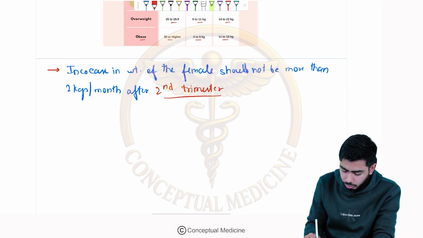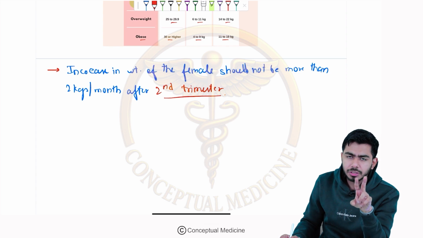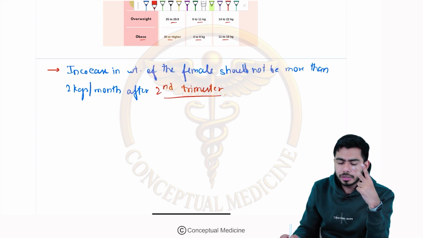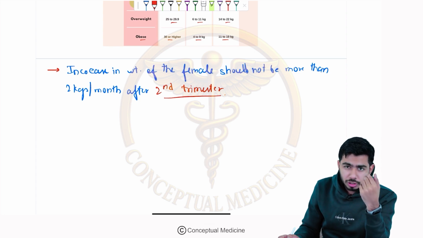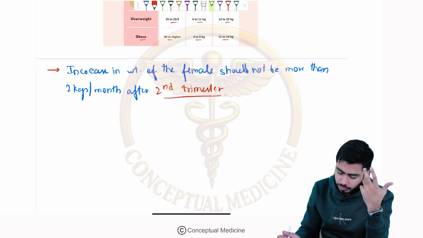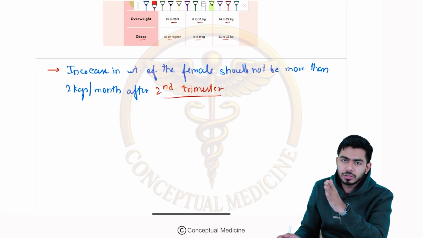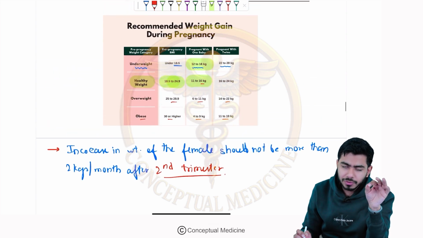How can you remember that? Second trimester, by the 2 you can remember that after the second trimester, more than 2 kg per month body weight gain is not allowed. That would be considered under the overweight category. So the increase in weight of the female should not be more than 2 kg per month after the second trimester. That is what you need to remember about the recommended weight gain during pregnancy.